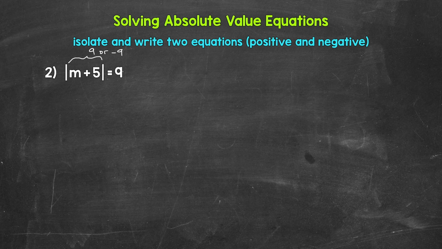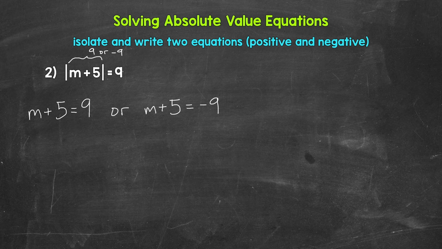The absolute value of 9 or -9 equals 9. So we need 2 equations here. m plus 5 equals 9, or m plus 5 equals -9. Now we solve. Let's start with m plus 5 equals 9.